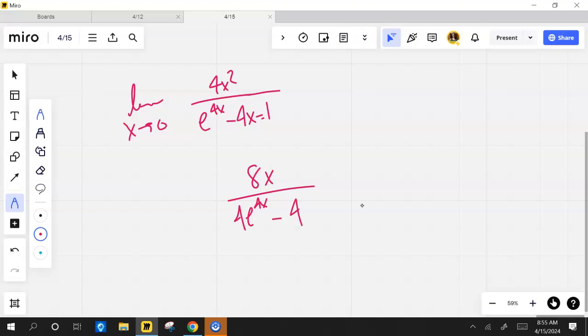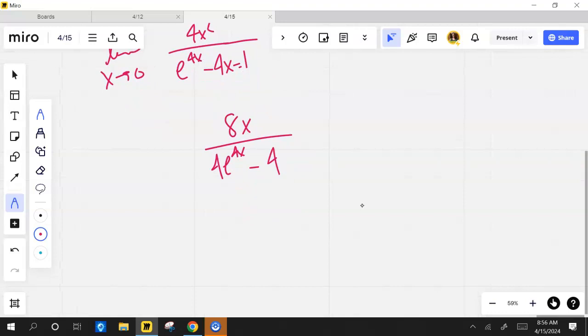If I plug it in now, I still get 0 over 0, so I L'Hopital it one more time. 8 over 4 times 4e to the 4x, so 8 over 16e to the 4x, and now I can plug that 0 in. That just gives me 1 here, 8 over 16, which is a half.